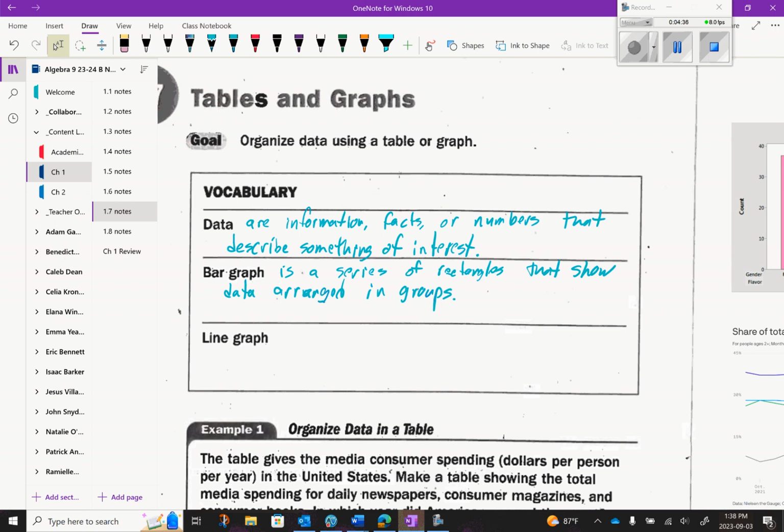Okay, another way that we could take data and arrange it is by drawing a series of segments connecting data points.